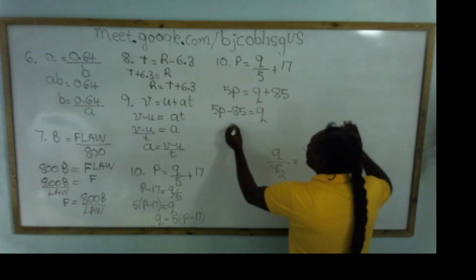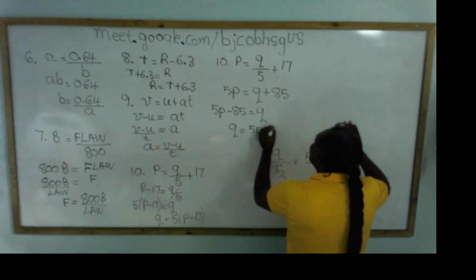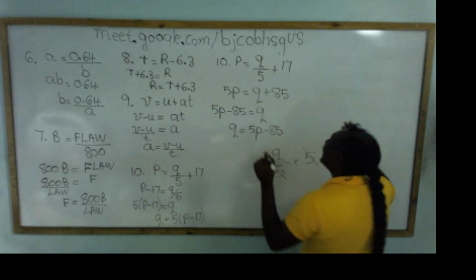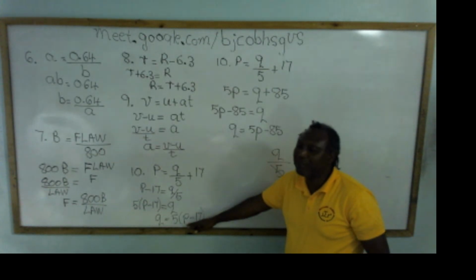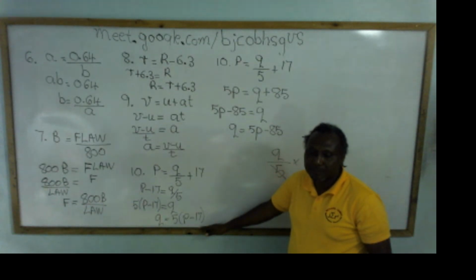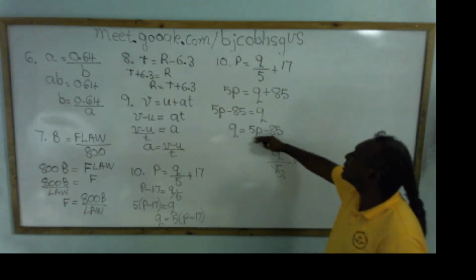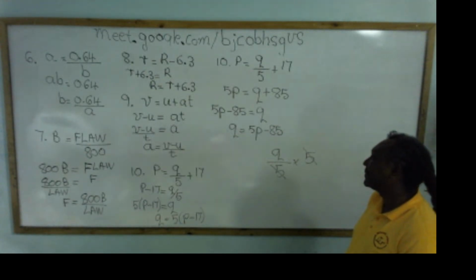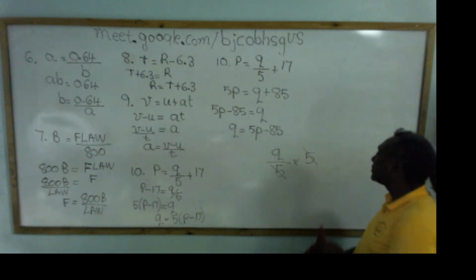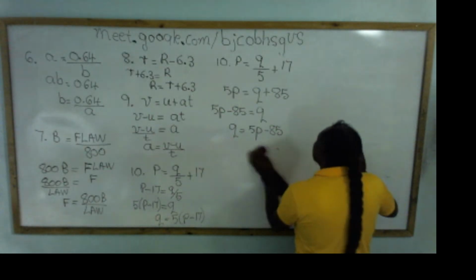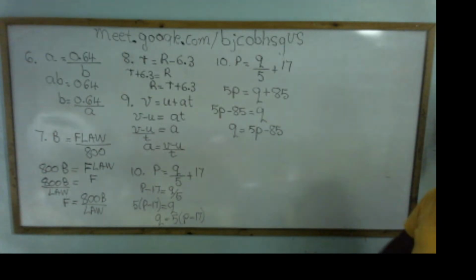So q is equal to what? 5p minus 85, which is identically equal to 5 times all of p minus 17. So this, what we have here, is identically equal to this, but it is just in another form.